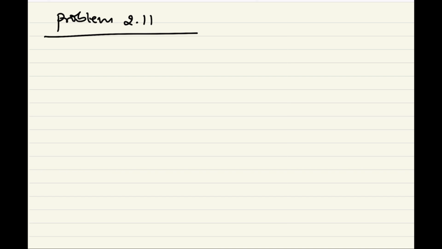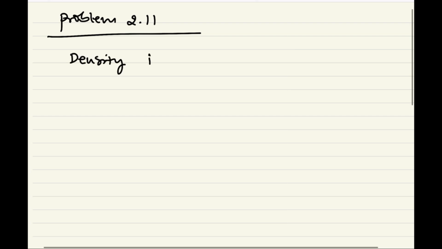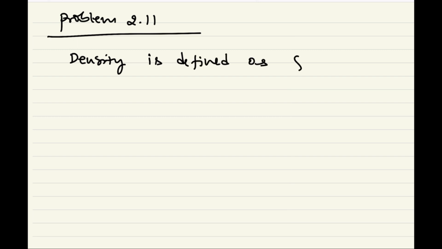So what is the definition of density? Density is defined as rho equal to mass by volume. Why do we need density? Because it is asked the weight of 10 feet cube of water, so the volume is given, but we don't know the mass.